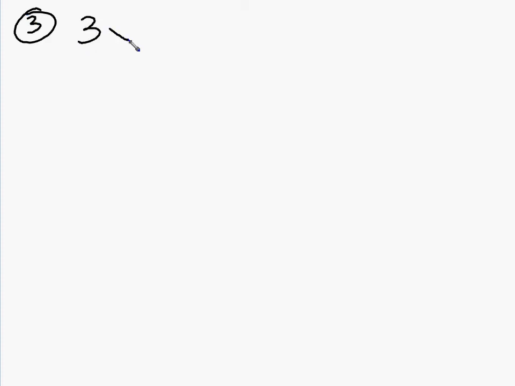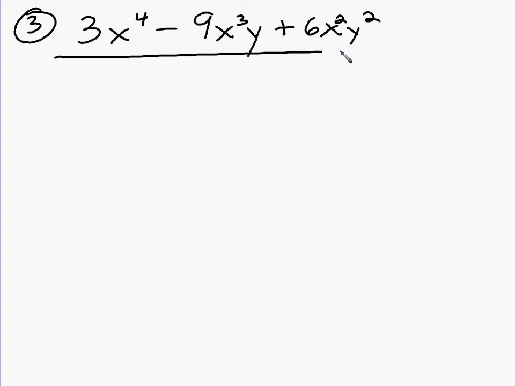3x to the 4th. This one is going to have 3 terms on top. Minus 9x cubed y plus 6x squared y squared. That's the numerator, and it's all over negative 3x squared.